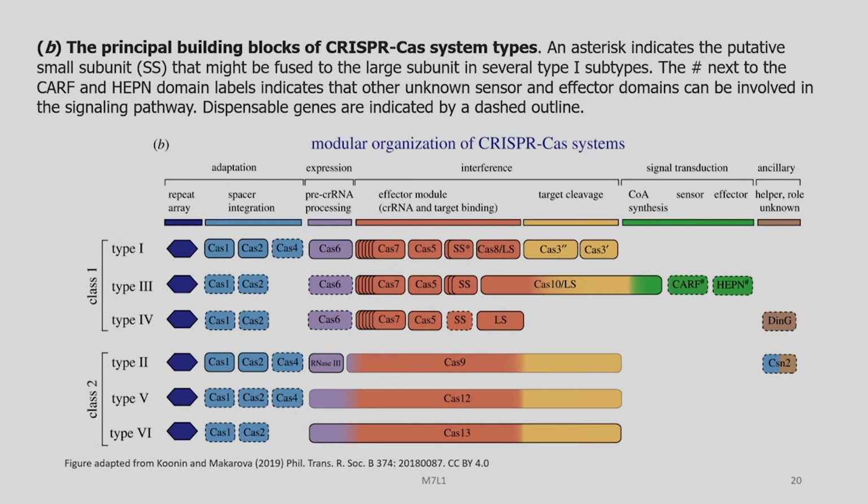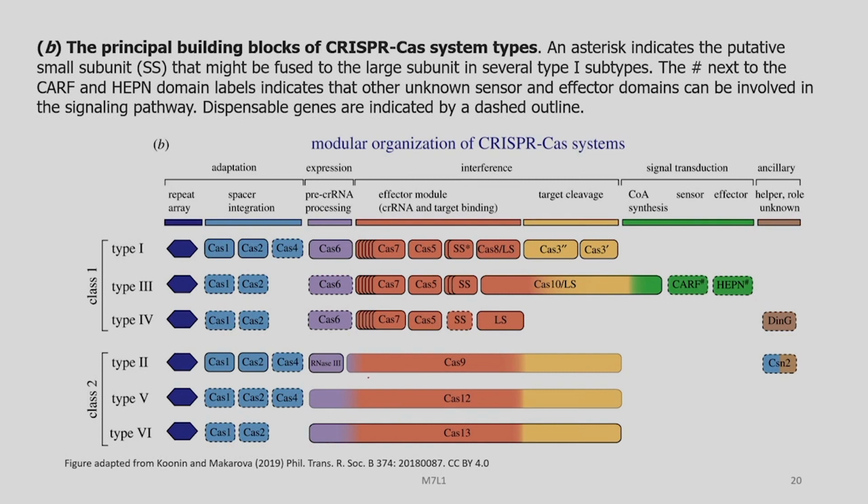You can see here the various modules used for adaptation, expression and interference, and also some modules associated with signal transduction, and others having certain ancillary sequences which may have some helping role or some kind of unknown roles.